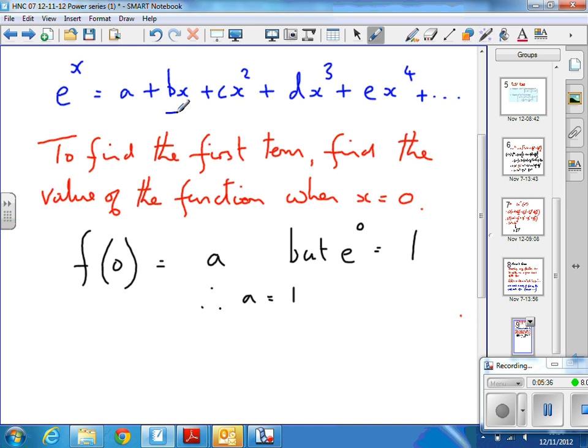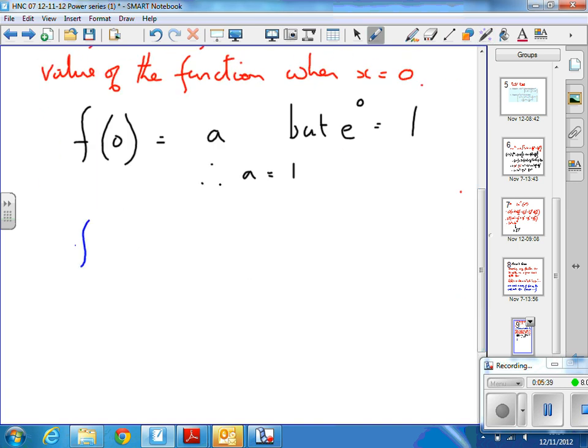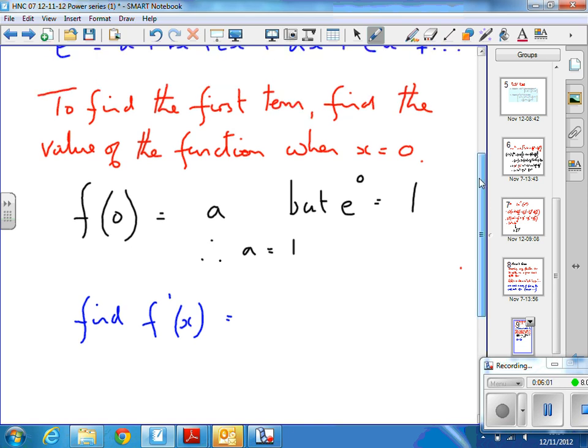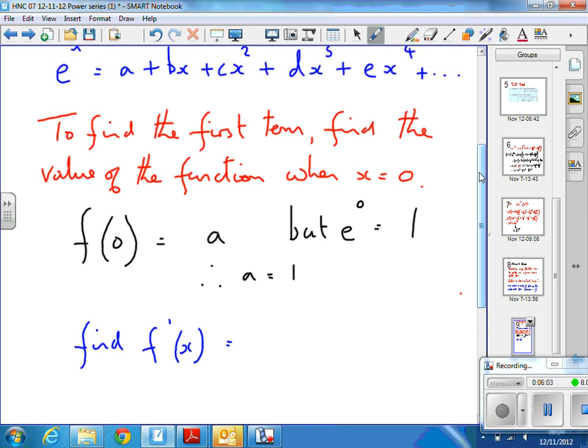If I find the first differential of the function, and I'm going to use this notation because we're going to be finding more than one differential of this, we'll see how it works as we go on. Using the notation f prime to mean the first differential, what will that be for this function? If I differentiate a, what will happen? The differential of the constant just disappears.